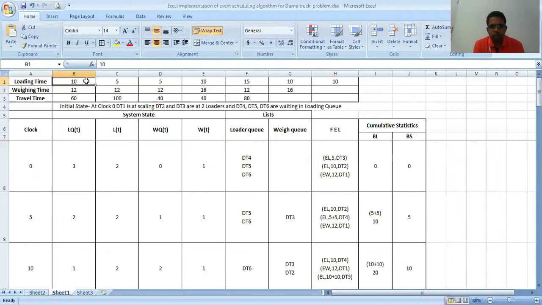We are using the first 2 values of loading, where 10 is given to dump truck dt2 and 5 is given to dump truck dt3. For weighing, 1 dump truck is getting weighed, therefore dt1 will complete its weighing process after 12 clock time. Therefore we are setting these values here.